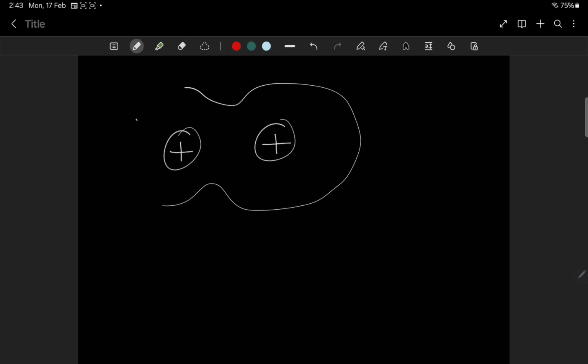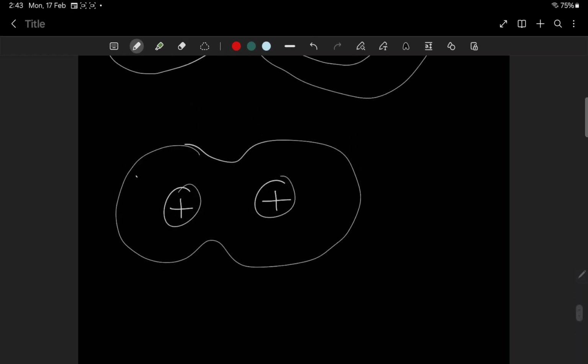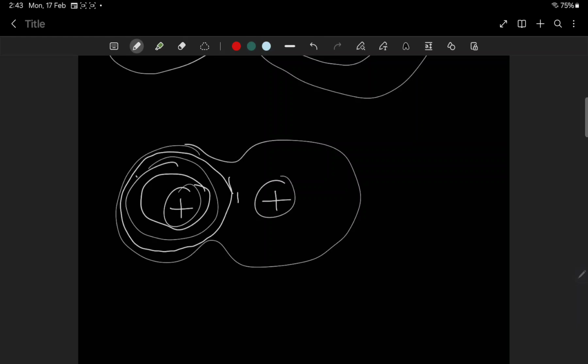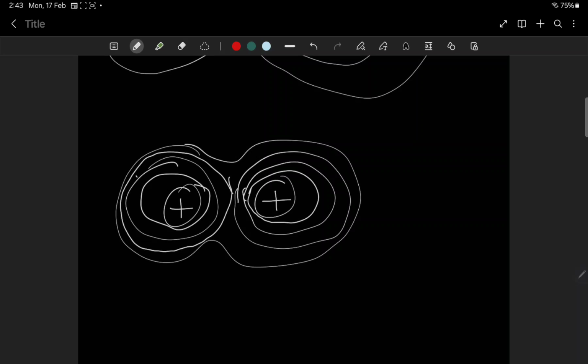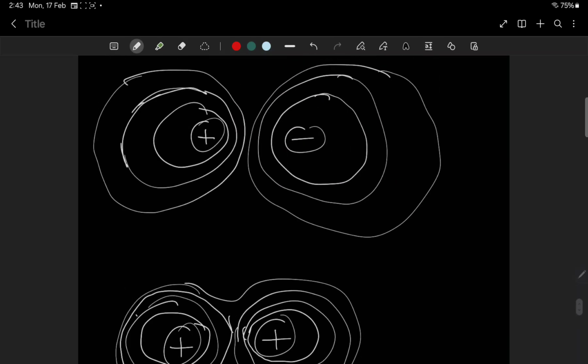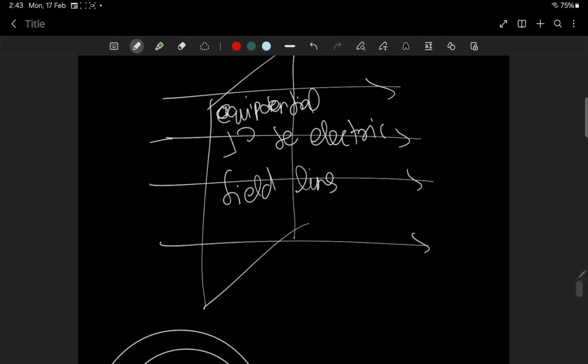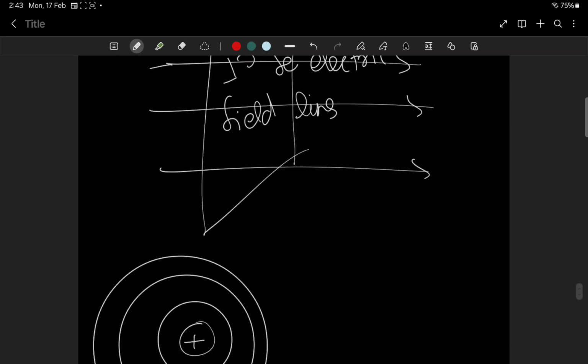If I am taking two positive charges, then the equipotential surfaces will be like this. Okay, so these are some examples of how to draw equipotential surfaces. They can ask questions to draw equipotential surfaces.